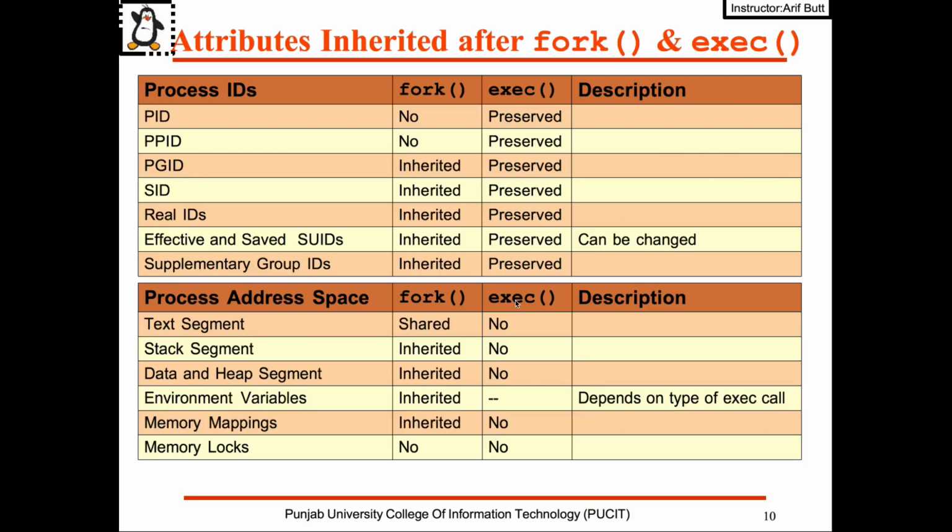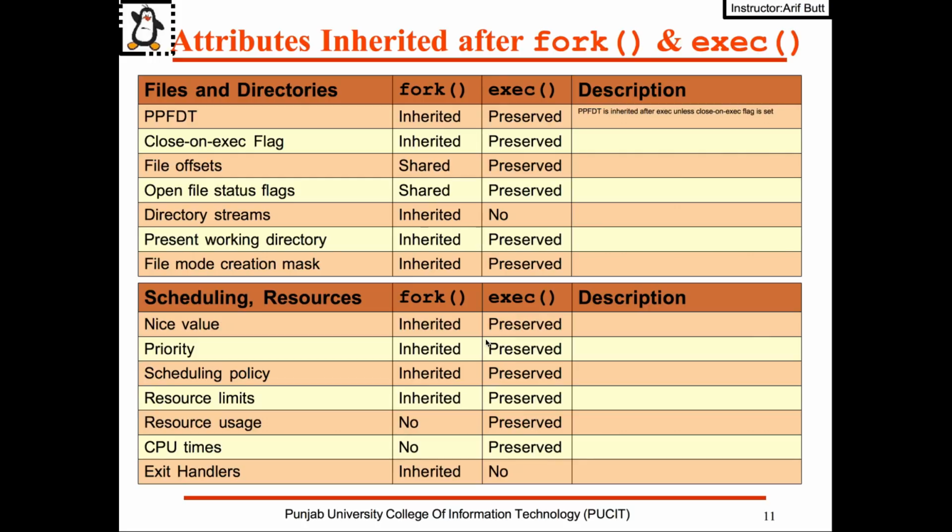Rather, the new process has new code, stack, data, and memory mappings. Point to be noted is whether the child after the exec gets the environment of its parent or has new values of environment variables. And this is dependent, of course, on the type of the exec call that we have used. So I hope these two tables are making sense to you all. Let's see some more attributes.